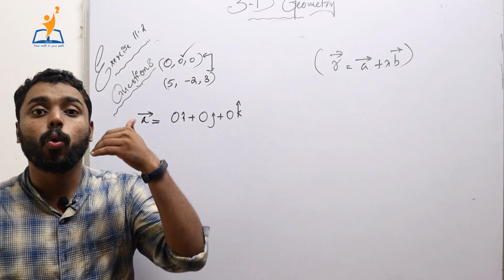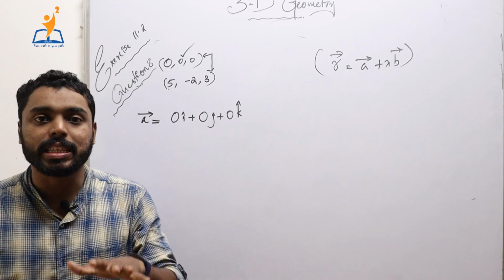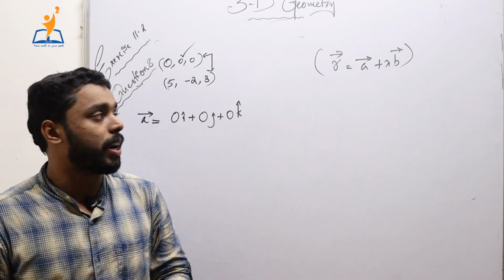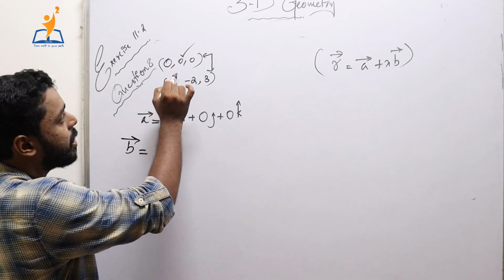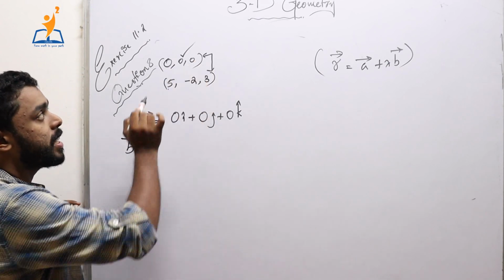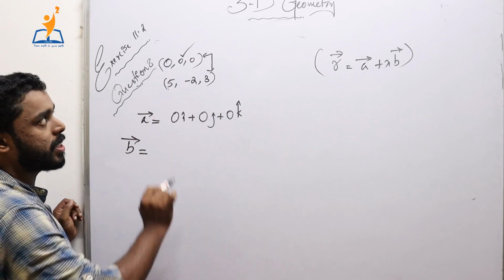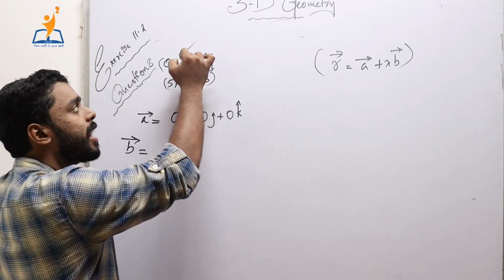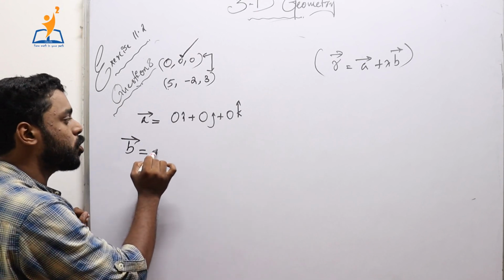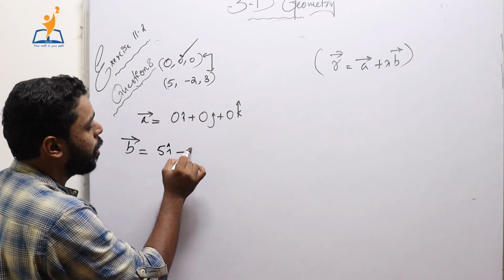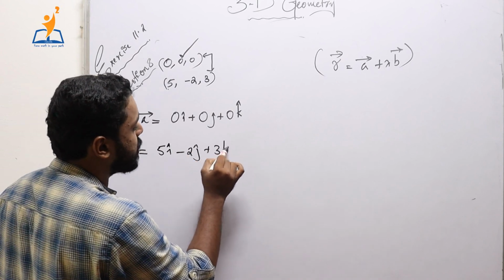So B can be chosen as the vector connecting these 2 points, since the vector connecting these 2 points will be parallel to the line through this point. So the vector connecting these 2 points is nothing but 5i cap minus 2j cap plus 3k cap.